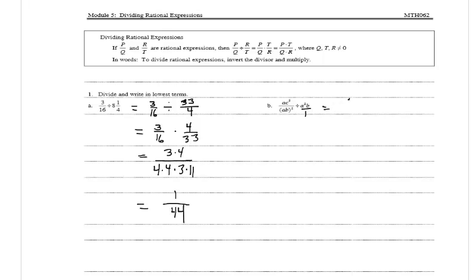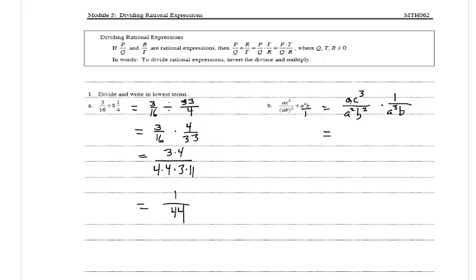So we have a c cubed divided by, and I'm going to write a b squared as a squared b squared times 1 over a cubed b.